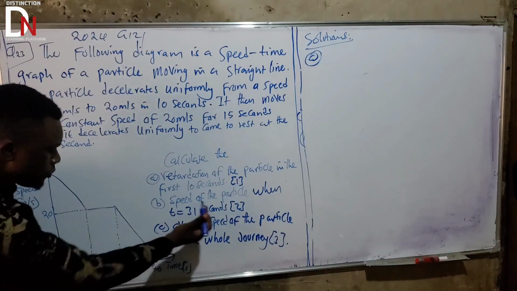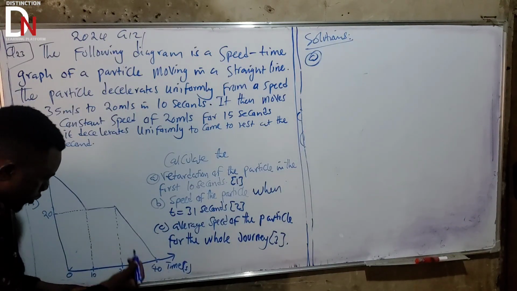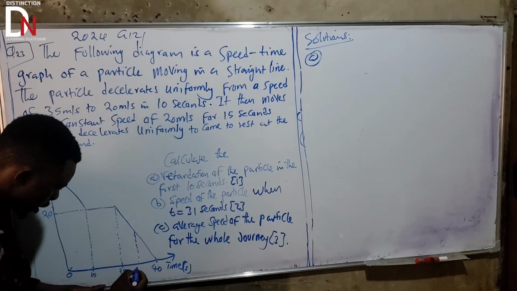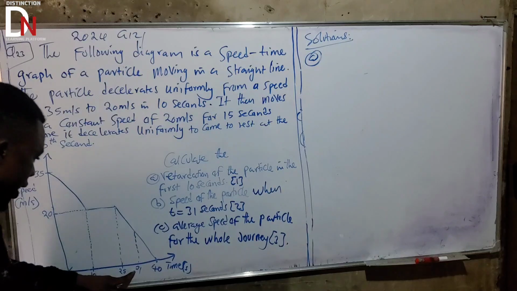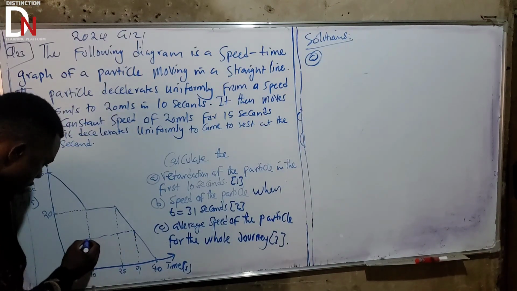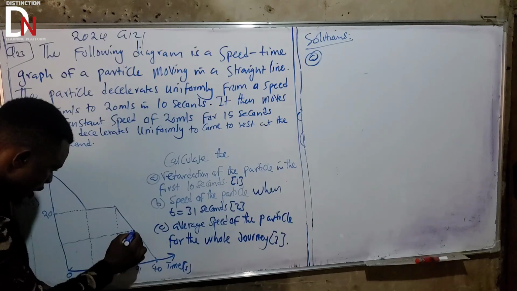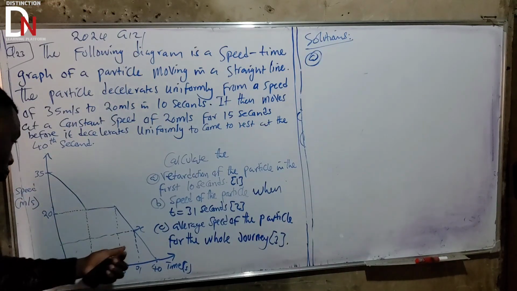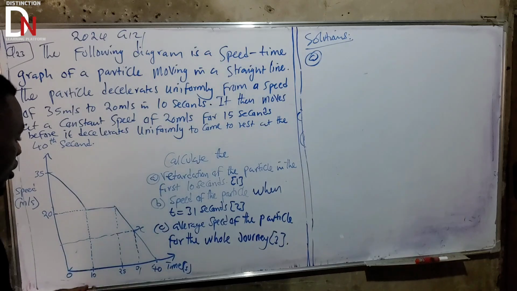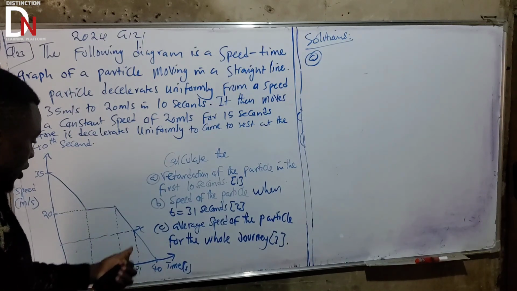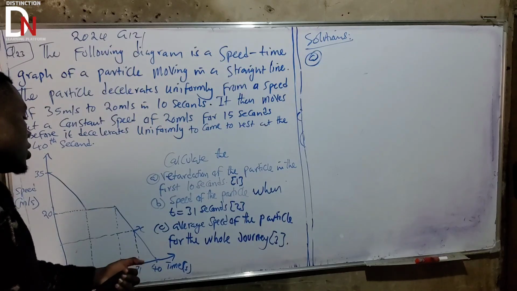Where the time was 31 seconds is between 25 and 40. I can say here the time was 31 seconds. Now I want to find the speed here. I can name this point X. So there are so many ways to solve the speed where t was 31 seconds.